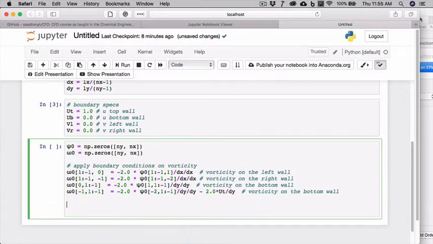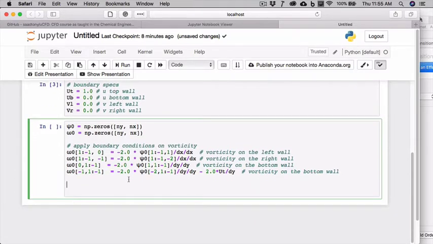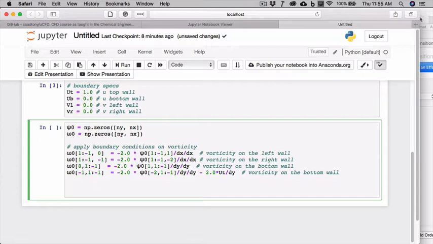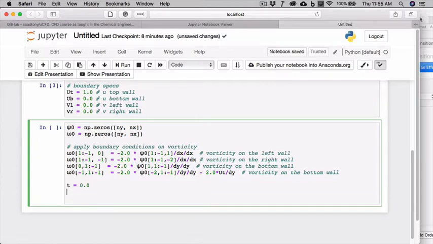So that takes care of the initial conditions and boundary conditions. Okay? So t equal 0.0, that's the initial time. dt, I'm going to start with a value of 0.5 e to the minus 2. Now, the stability conditions for the advection diffusion equation we talked about last time hold here.